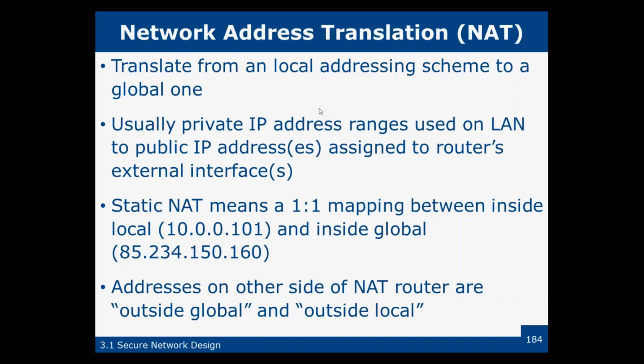The ones that are on the other side of NAT, the router, are the outside global and the outside local. We would use the outside one to map, or to NAT, a public IP address to a private one. So you can go both ways. You can NAT private to public and public to private.